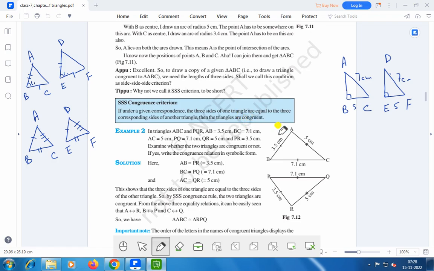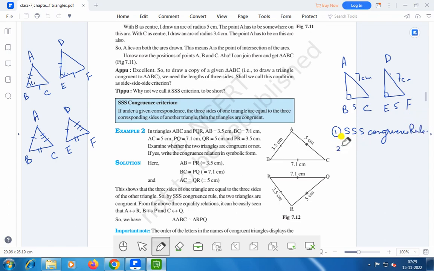That means we have four rules. The first one is the side side side congruence rule, right?